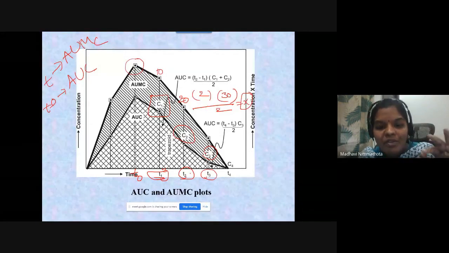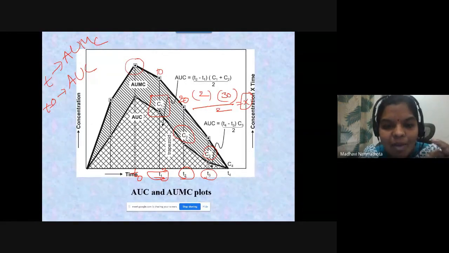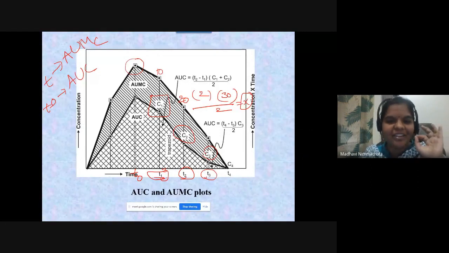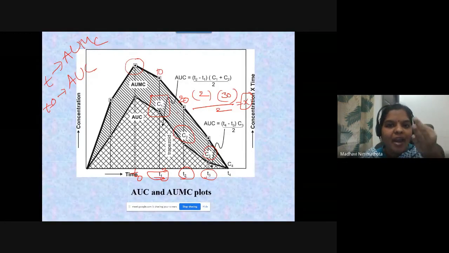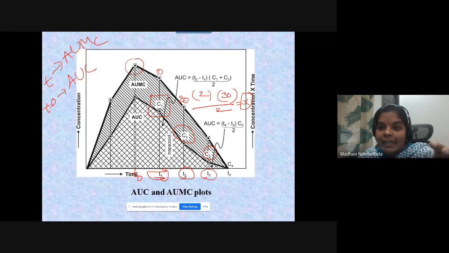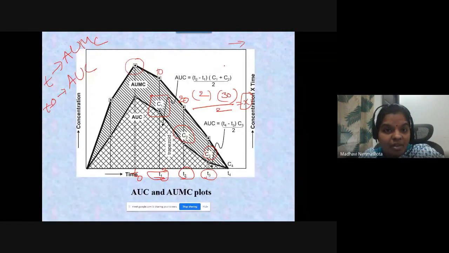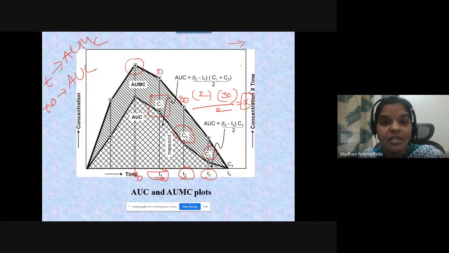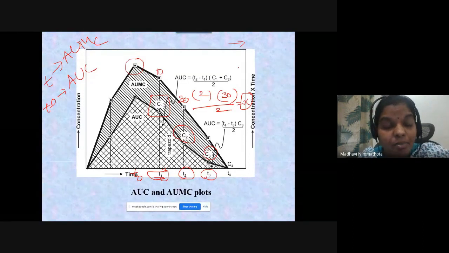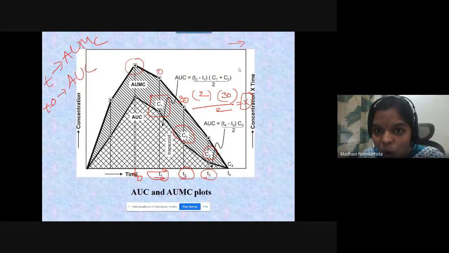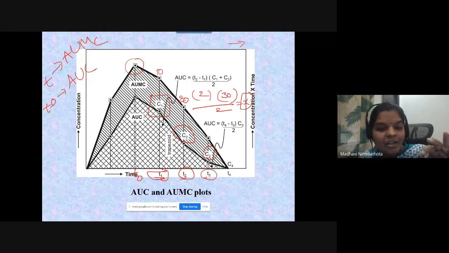So why are we subtracting the time and why are we adding the concentration? I already told you the concept: at a time, all the particles will not be exited from our system. There is a time being processed, and the drug particles will get eliminated out. Initially you have taken the drug molecules at time 0, right?